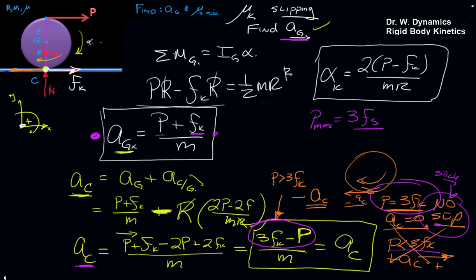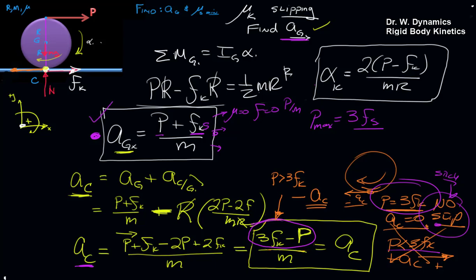Also, interestingly enough, in here, all three of our solutions are valid in this equation. For mu equal to 0, f was 0, and we got an a equal to P over m. For F sub s, this was valid with an s, and then for F sub k, it was also valid.